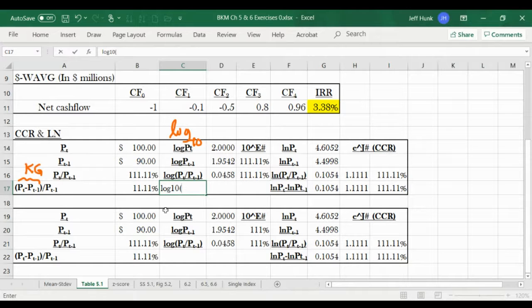As the last verification, let's try this. Common log of, well, I can do this simply, but let me do it this way. Common log of, oops. I have to do common log of this.